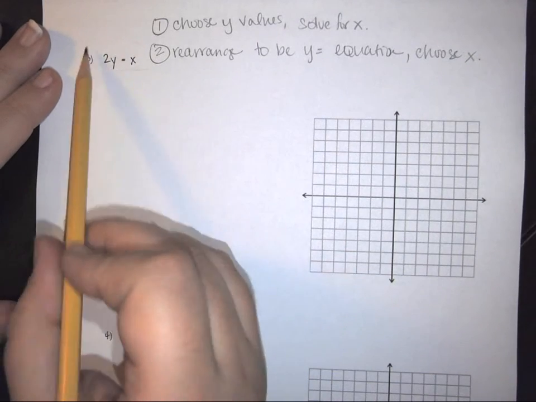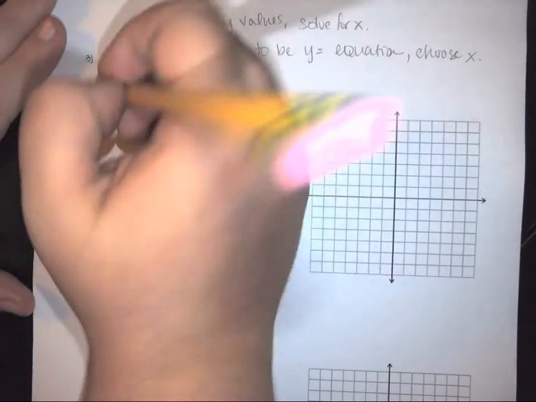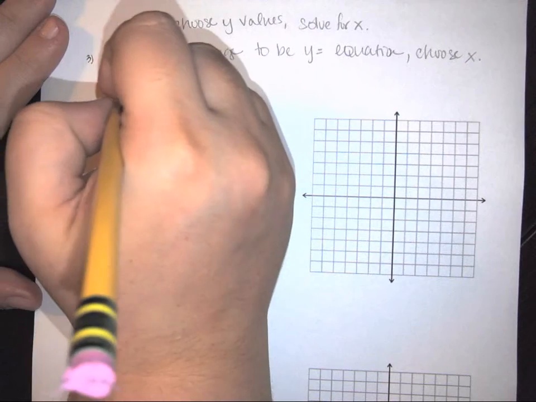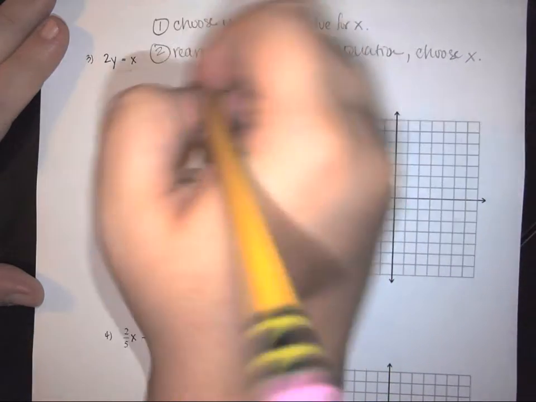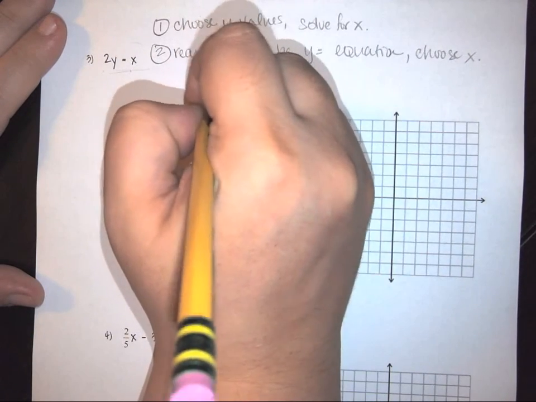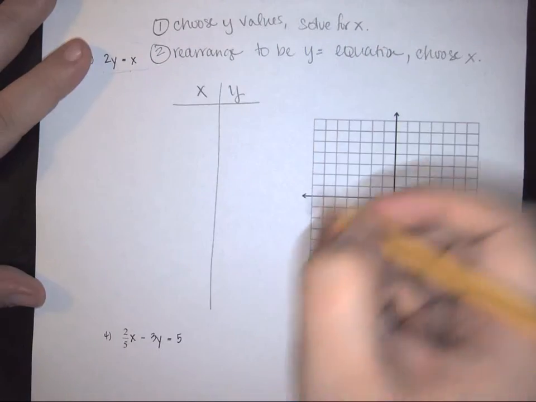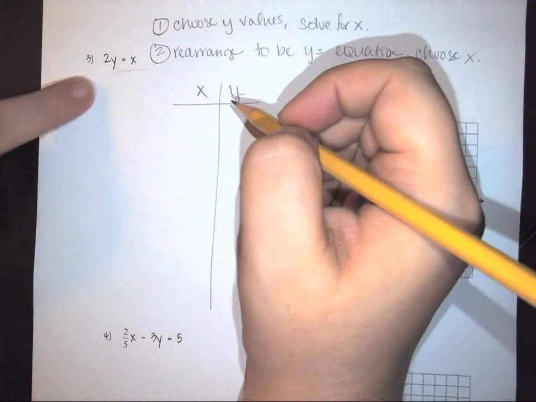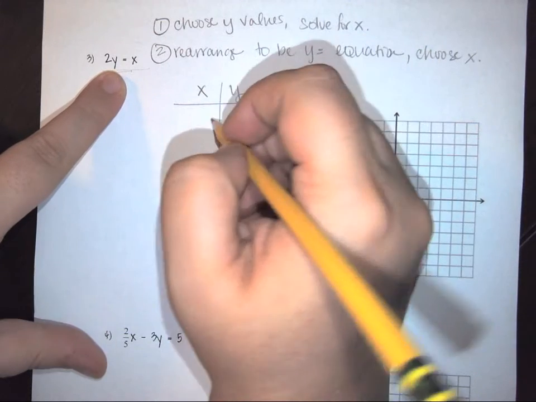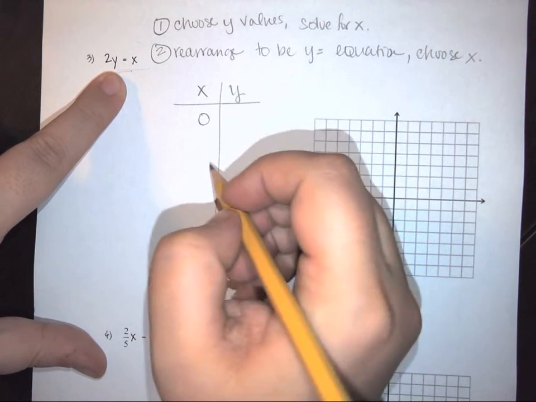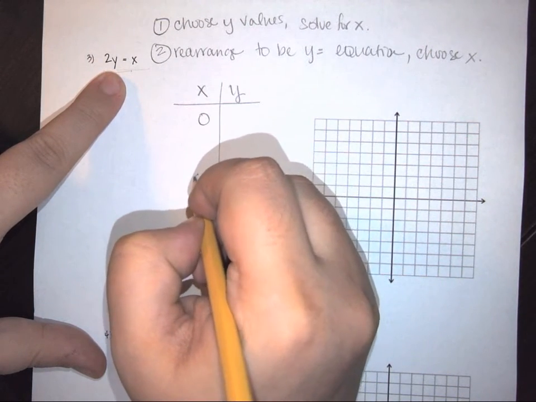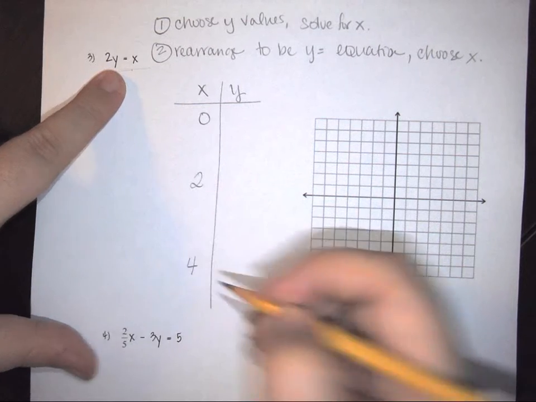If you want to leave it as is, then you could still set up your xy table. Only in this case, I'm going to shift my table this way slightly. Again, we want at least 3 points, so I can still choose x values, and so we can go 0, 2, and 4.